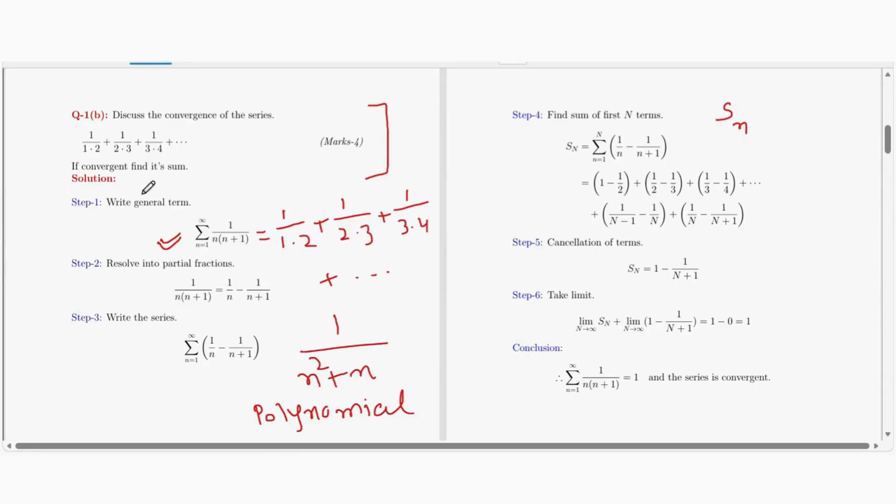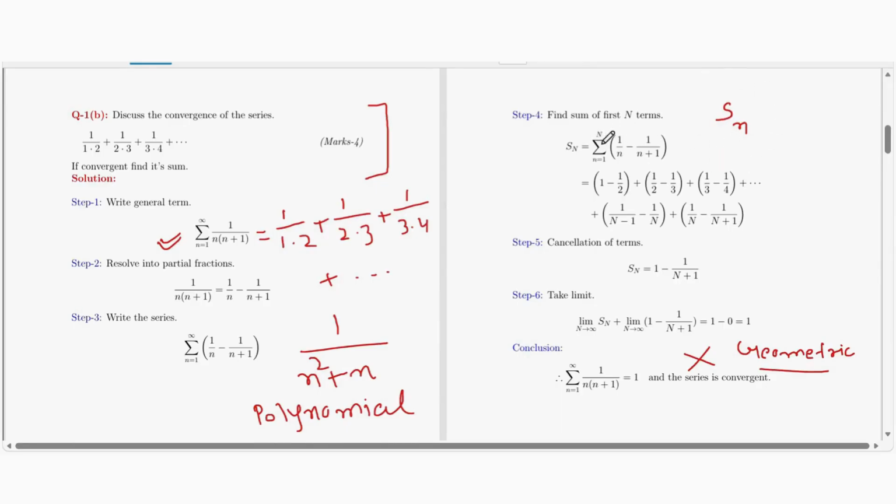Generally when sum is asked, you can use the Sn method or you can also use the geometric series. लेकिन आप geometric series कब यूज कर सकते हैं? If the ratio is given. Okay, but in this sum, in the denominator a polynomial is given. So here the ratio is not fixed. Okay, so that's why here the geometric test is not applicable. Okay, so we have only one choice, the Sn method.